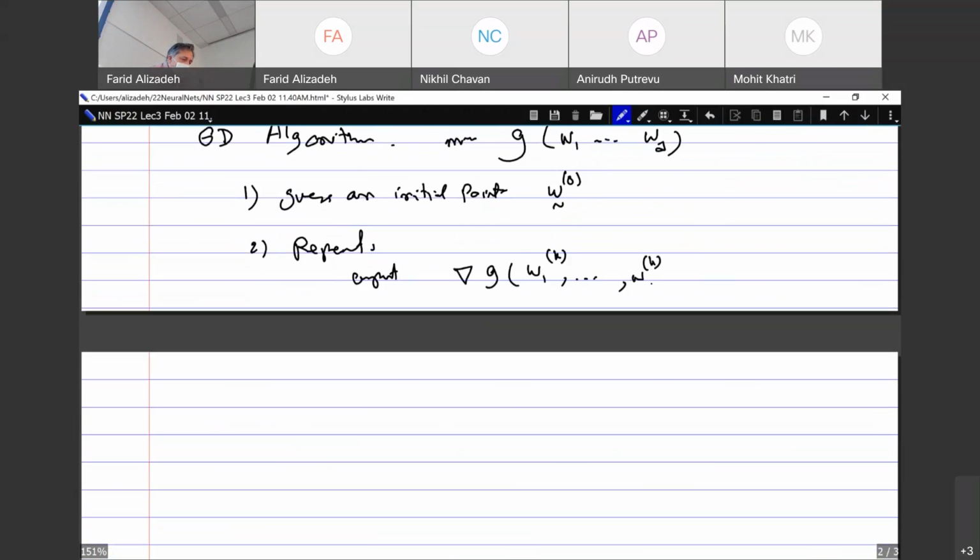You compute this, and let's call this the direction D. And then set W_{k+1}, the vector, to be the old W minus some alpha times the direction.